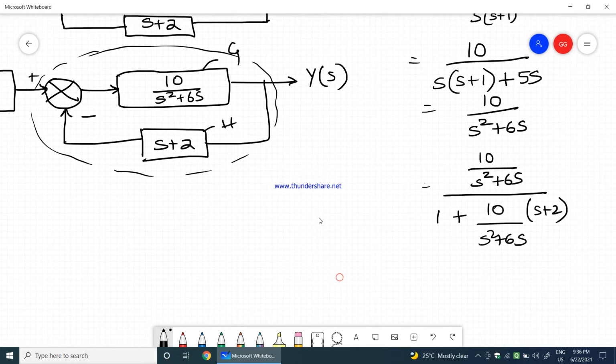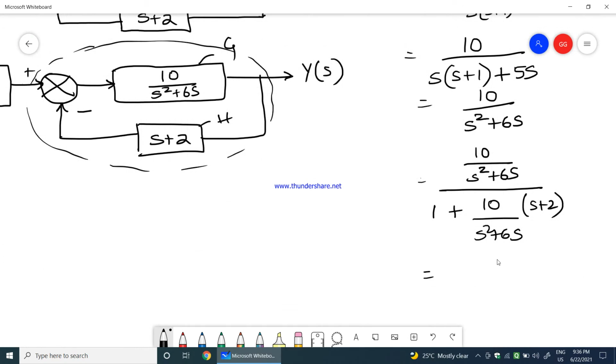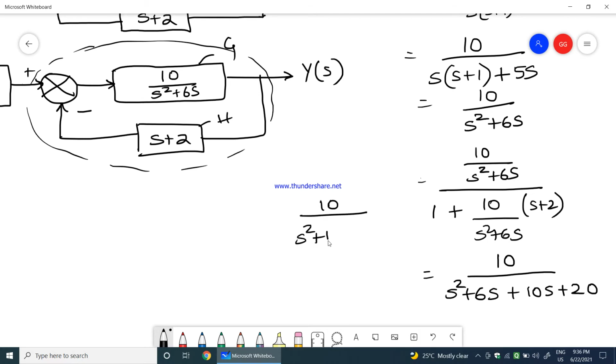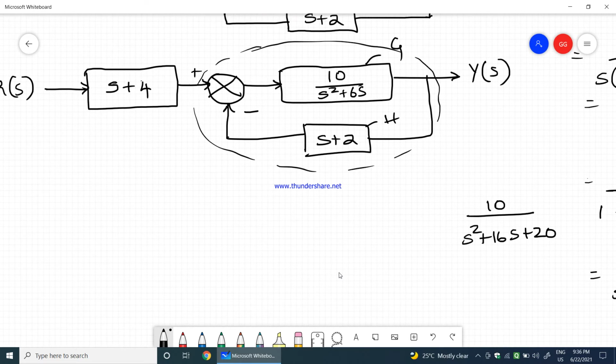Okay. So therefore, what will I get? I will just take s square plus 6s as LCM, 10 divided by s square plus 6s plus 10s plus 20. So I will be getting 10 divided by s square plus 16s plus 20. So that would be the block which will be replacing it.